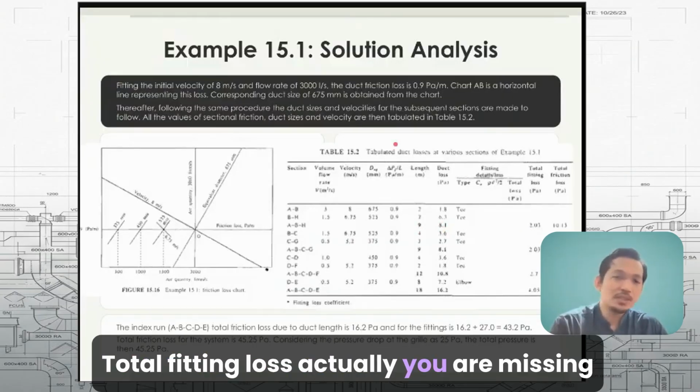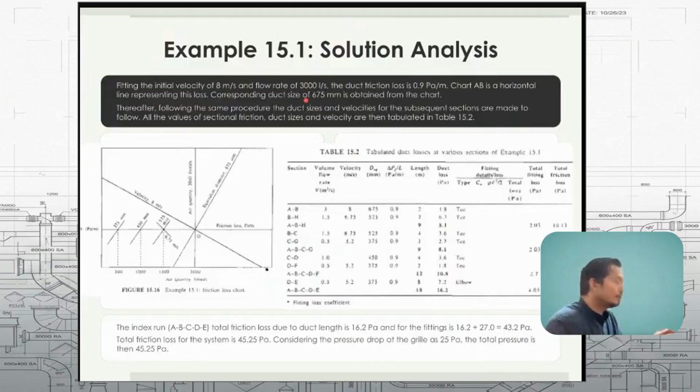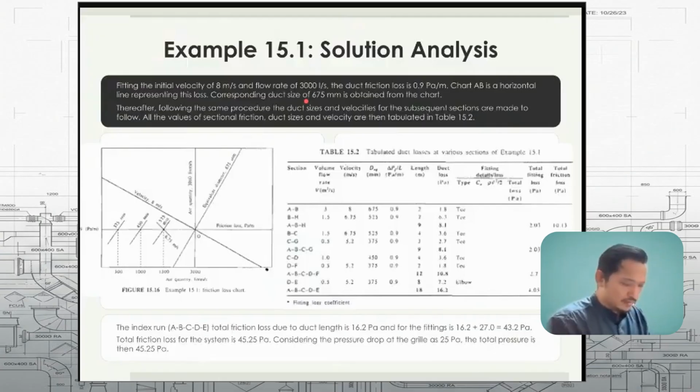Total fitting loss, actually you are missing a statement in the question. Let me have a quick check. Where's the statement? It was missing.